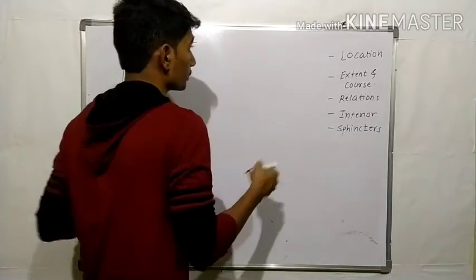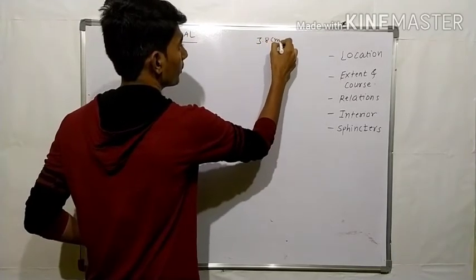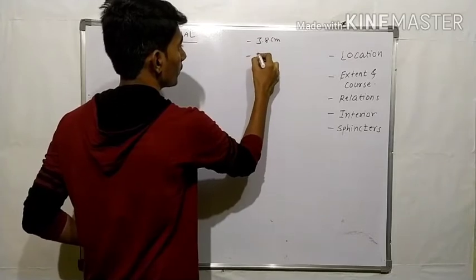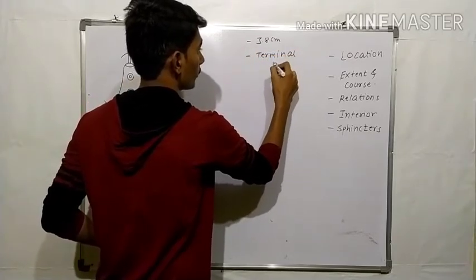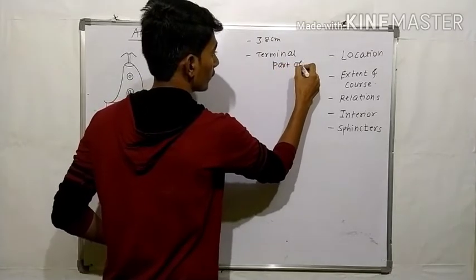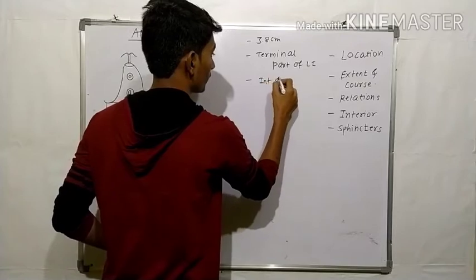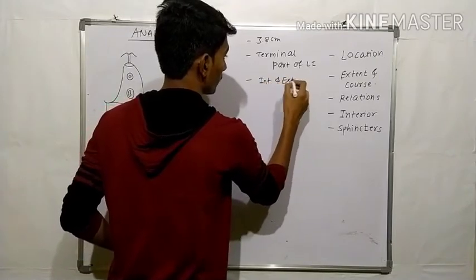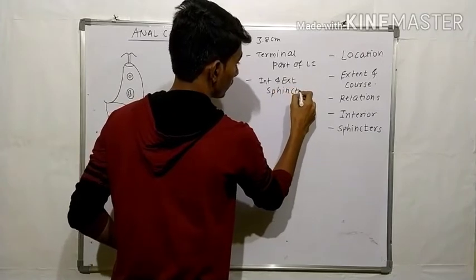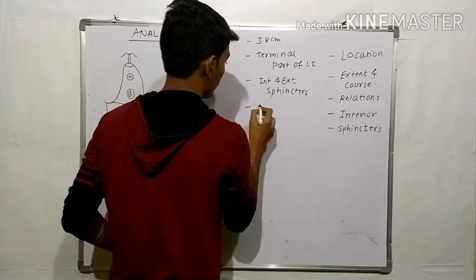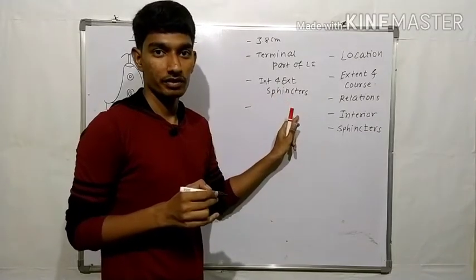So, introduction: the anal canal is 3.8 centimeters long, the terminal part of the large intestine. It has internal and external sphincters, whose tone keeps the anal canal closed except during defecation.